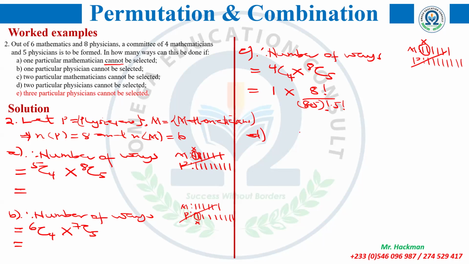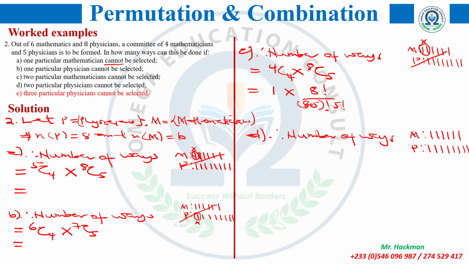D. Therefore, number of ways. Then R of work, M is 6 strokes. And P is 8 strokes. And we circle 2 because 2 cannot be selected. 2 from where? M or P?